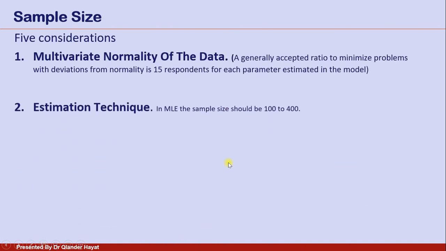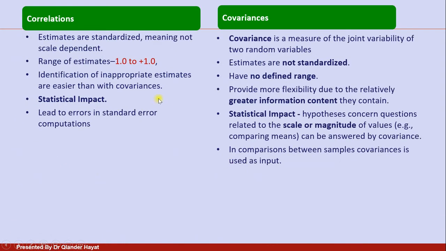Now see what is the difference between correlation and covariance. I just want to describe correlation and covariance. Correlation and covariance are basically the association of two or more variables. The measure that describes the association of two variables is known as a correlation.